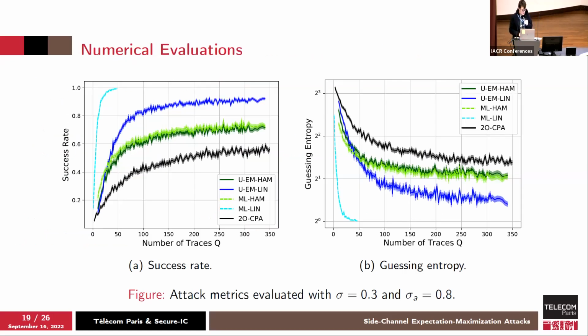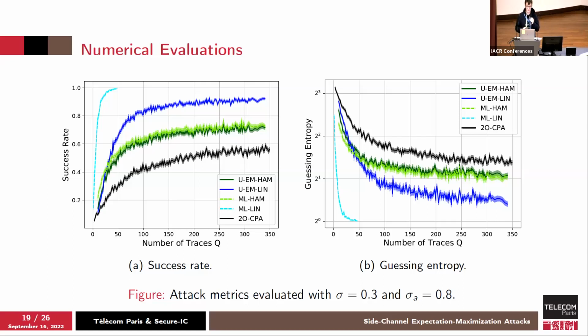So you see that the UEM with a Hamming weight leakage model works quite well, and actually it's almost as efficient as the template attack with Hamming weight leakage model. And the UEM with linear leakage model works less well than the UEM with Hamming weight and even the second order CPA at the beginning.